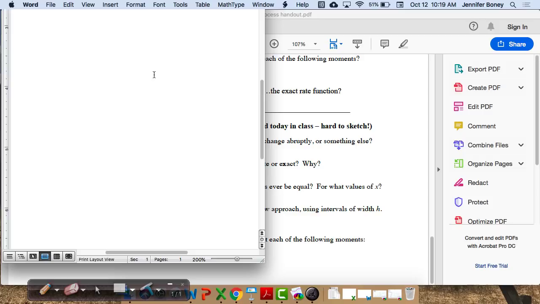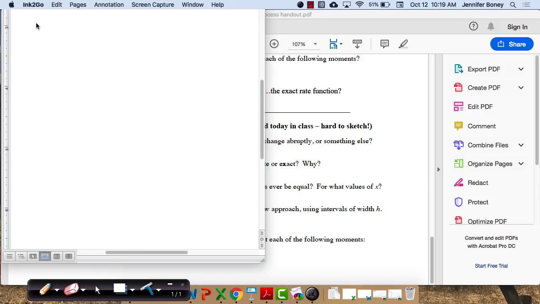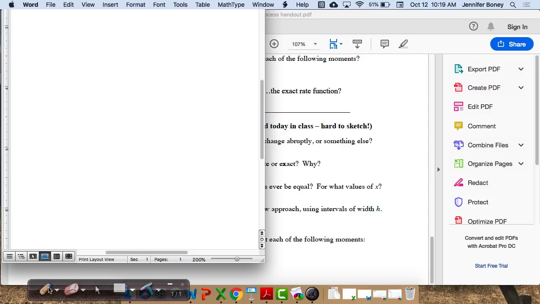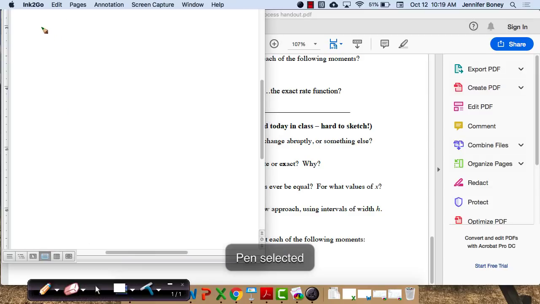Well, wherever it is, we had a volume of a sphere that we were talking about, and we were talking about the volume accumulating as the radius grows. So let me say V of x, x representing the radius of a sphere, is given by 4/3 pi x cubed.